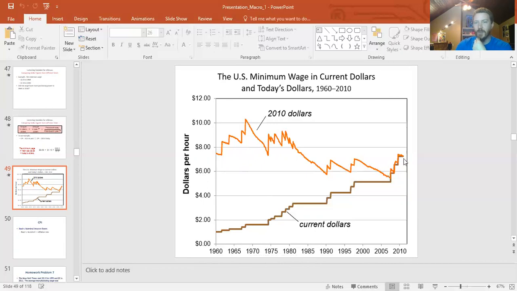So people will say, oh, the minimum wage is lower now than it was in 1968, therefore the minimum wage needs to be increased. Alternatively, you could say, oh, well, the minimum wage has pretty much stayed the same for the last 35 years. Again, I'm not in this fight. I'm not arguing whether it should be higher or whether it should be lower.